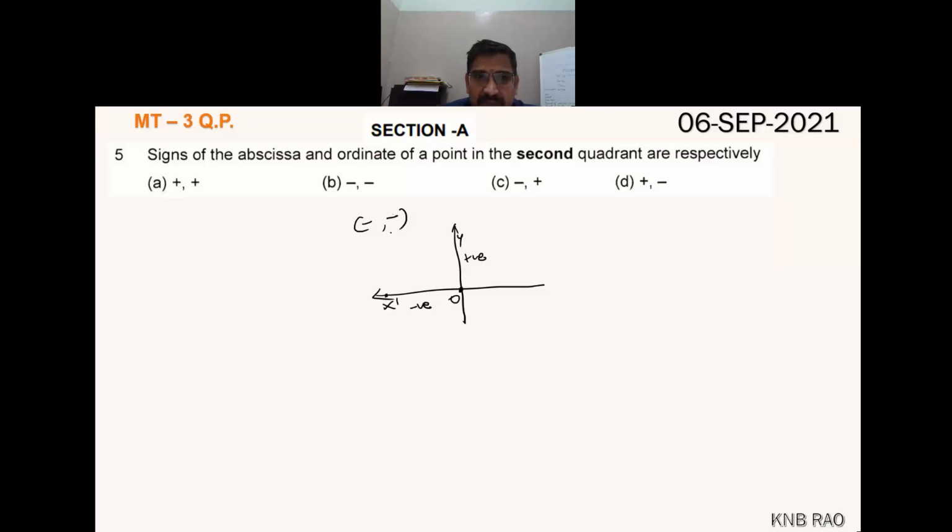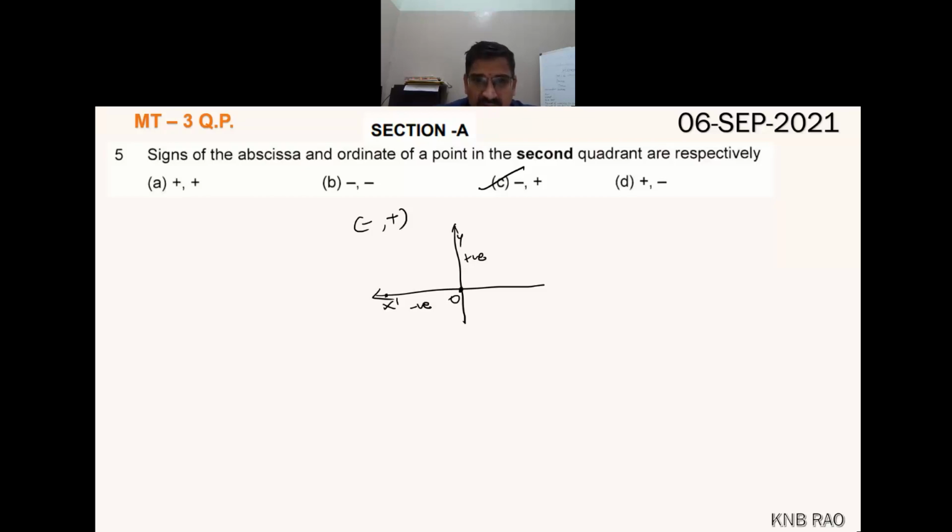This is the nature or signs of the points lying in the second quadrant. So that's how we identify.